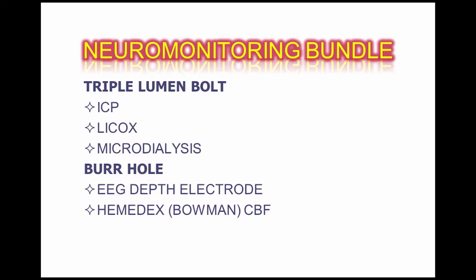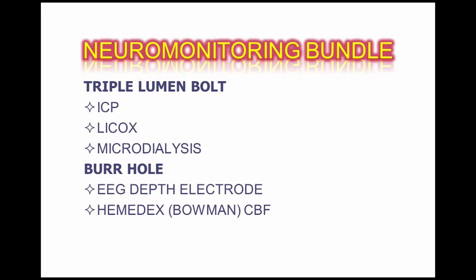So this is the era of the multimodality neuromonitoring bundle. It started at about 2006 when we started with a dual lumen bolt, ICP plus LICOX. Then we went with a triple lumen bolt. We added the microdialysis. And then we added a second dual lumen bolt for actual tissue CBF monitoring and an EEG depth electrode.